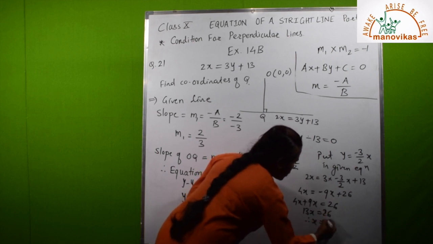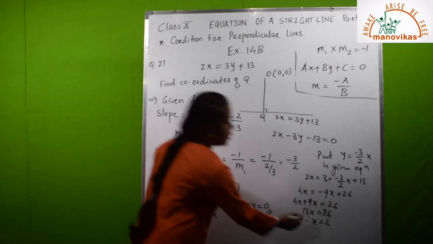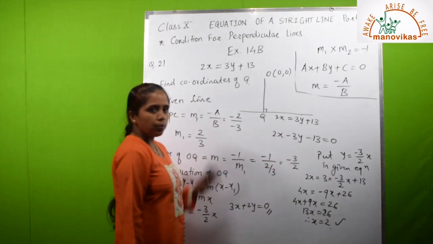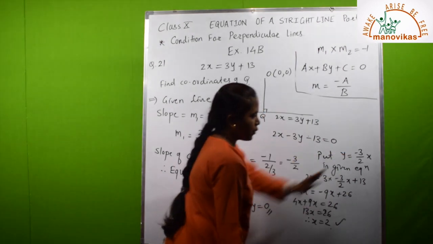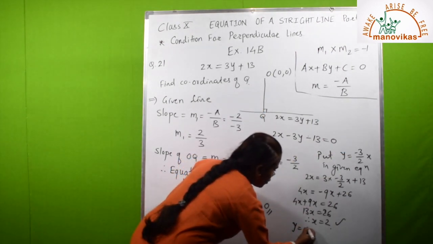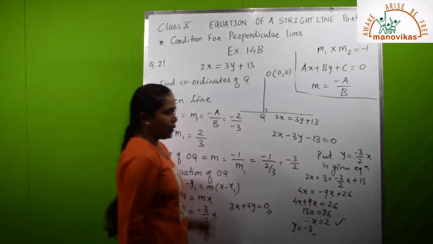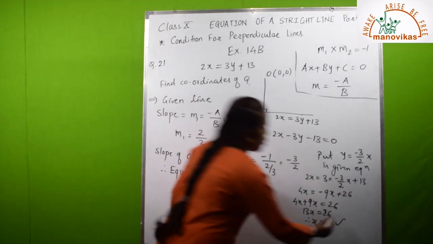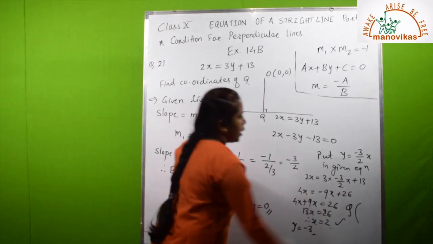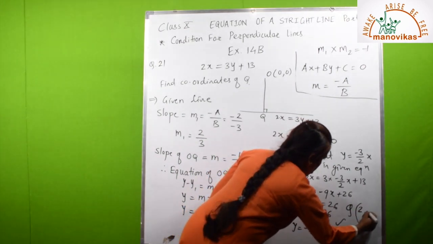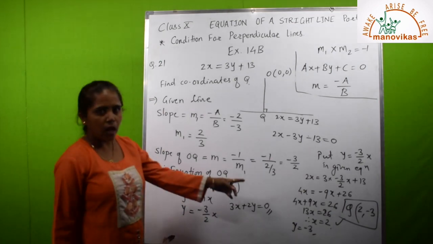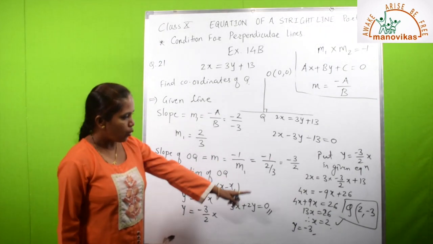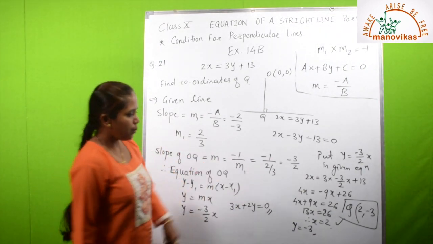Therefore, x is equal to 2. This is the x coordinate for the point Q. Now, using this value x in y is equal to, you will get y is equal to minus 3, and this will be the y coordinate. So, coordinates of the point Q will be 2, minus 3. This is the answer. Q coordinates will be 2, minus 3.